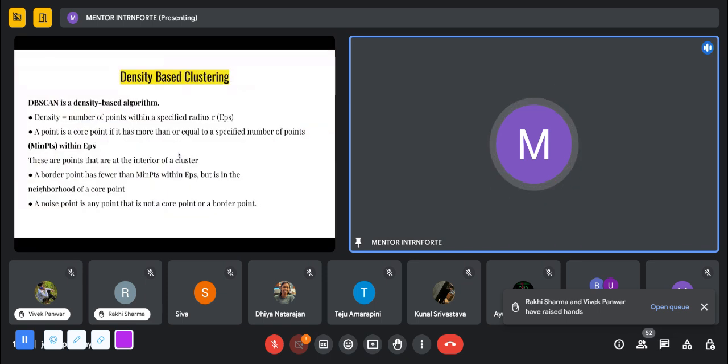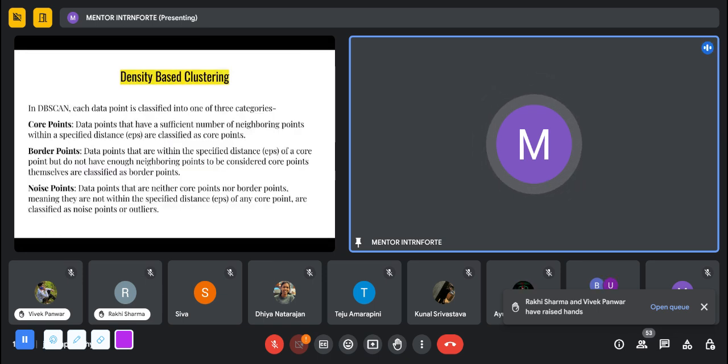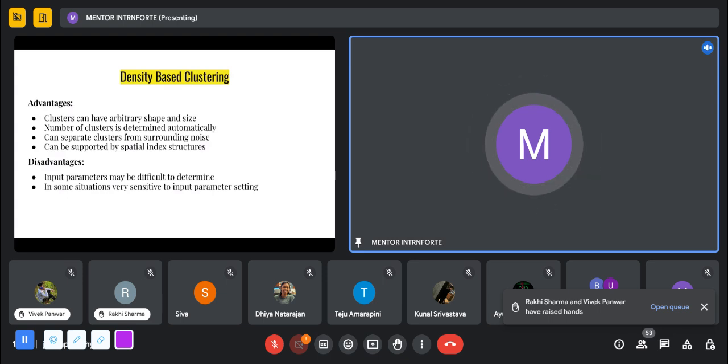I gave min points 3 in our example, and epsilon 1. But what value to give? That is what is in your hand. So in some situations it is very sensitive to what you give as input. So these are the disadvantages of DBSCAN. But the best thing is it can separate out noise.